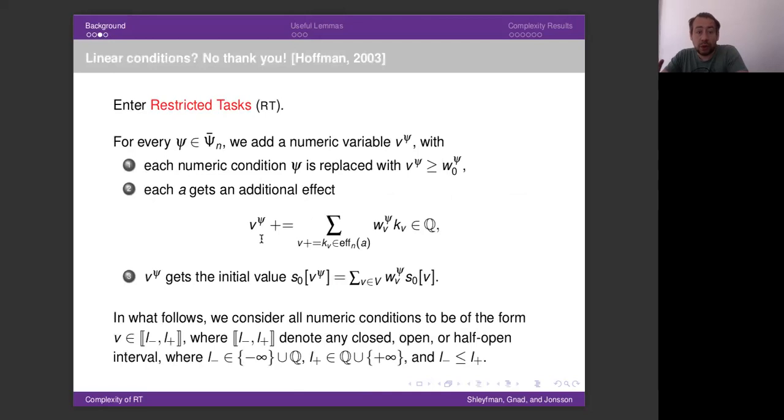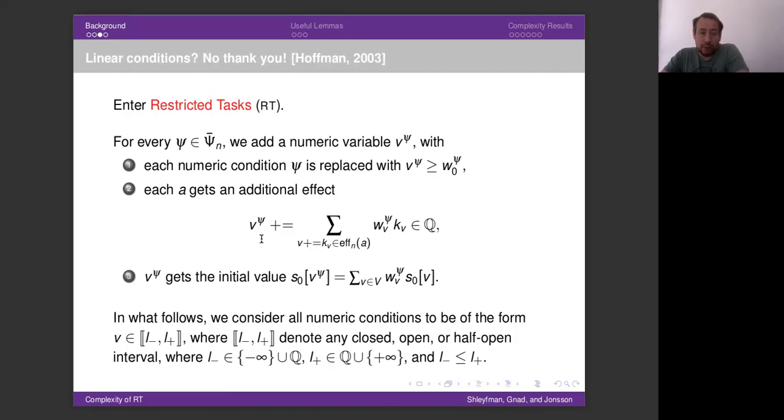So we will concentrate on restricted tasks. In restricted tasks, we would like to convert all linear conditions into conditions on some auxiliary variables. So each linear formula will be represented via a numeric variable.